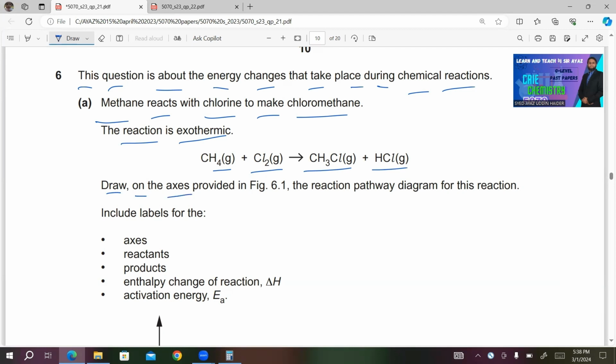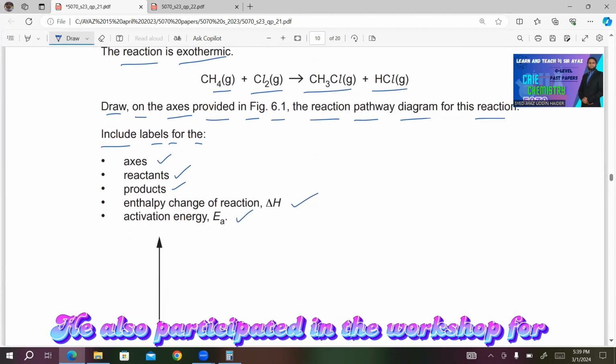Draw on the axis provided in figure 6.1 the reaction pathway diagram for this reaction. Include labels for the axis, reactants, products, enthalpy change of reaction, delta H, and activation energy, EA.